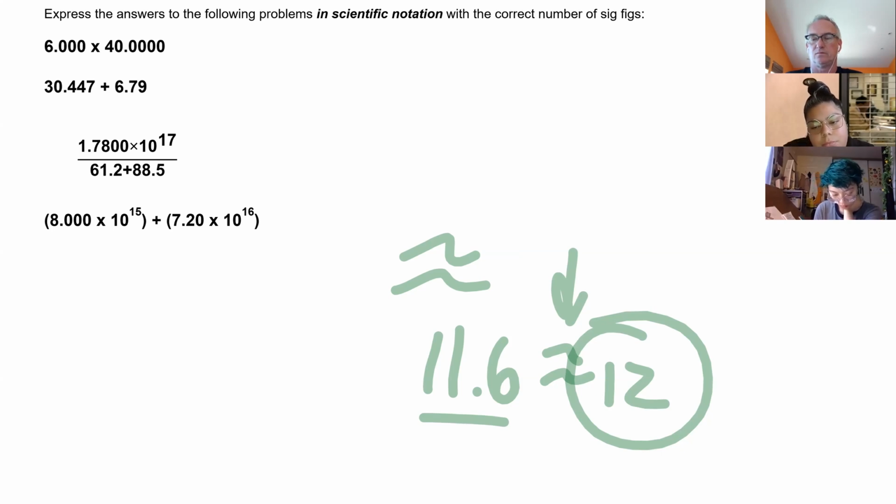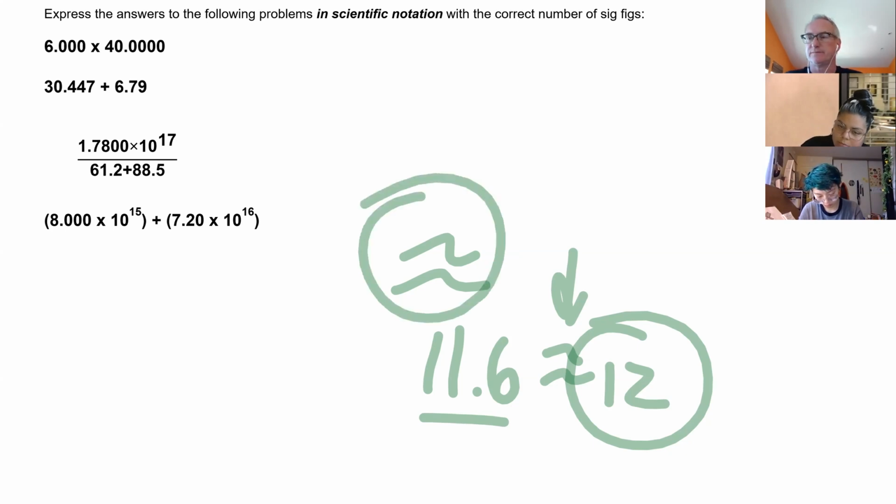Like for the second question, 30.447 plus 6.79, I got 37.237. Do I say approximately 37.24? No, you'd say it equals. You only use this for whole numbers.